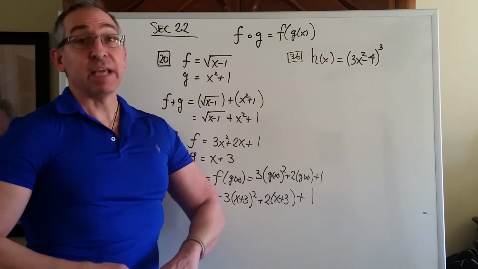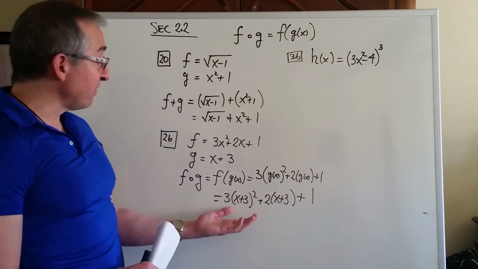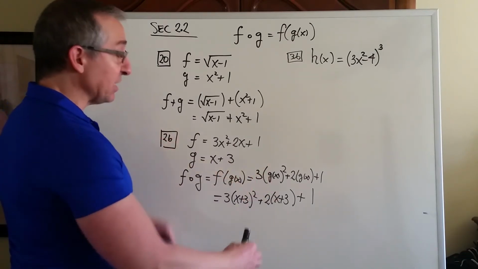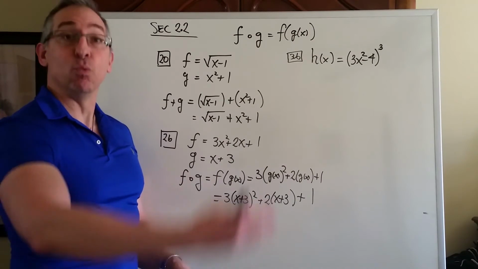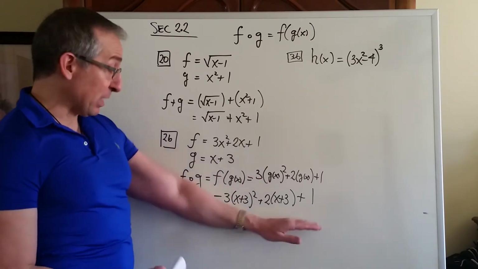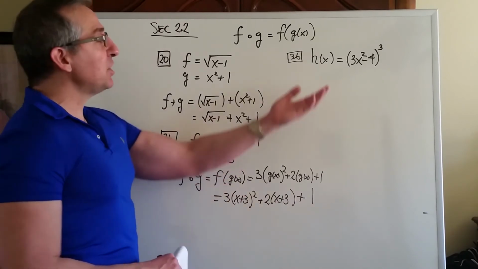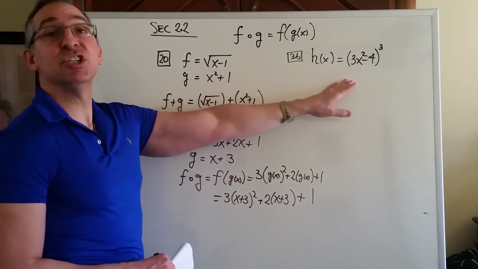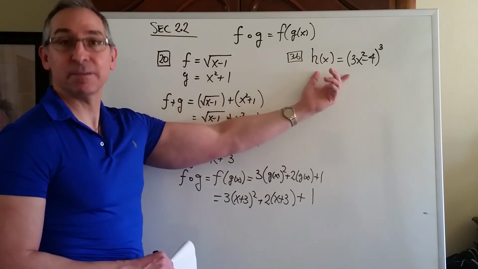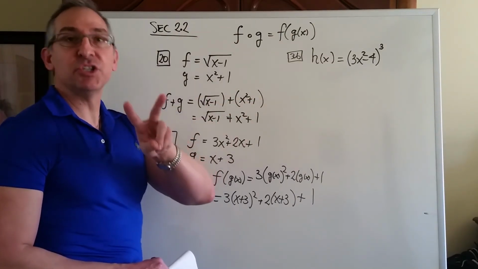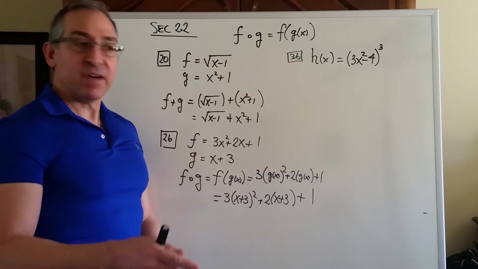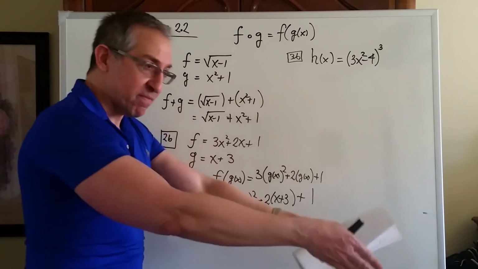Now listen, what they're asking you to do is the opposite of what you did in number 26. In number 26, you were given two functions and asked to substitute one inside of the other. We substituted g of x inside of f of x and got this expression. What they're asking you to do for number 36 is the composition is already done. It's already finished. What they're asking you to do is take it apart. What are the two functions you had to take the composition of in order to get this?